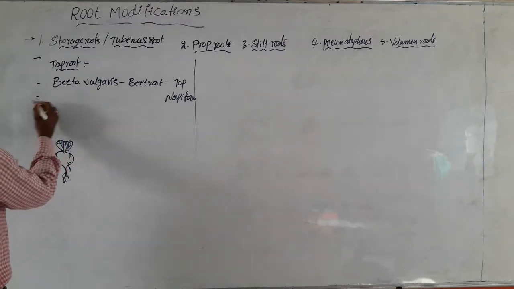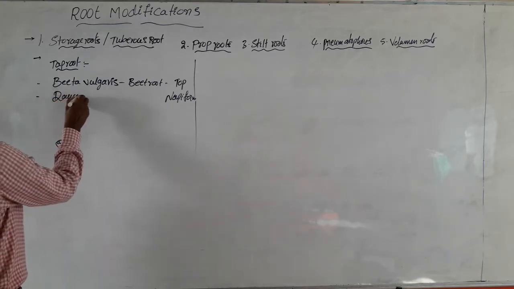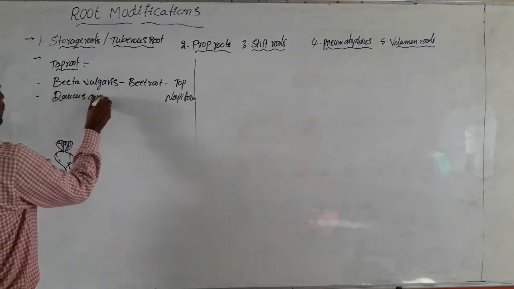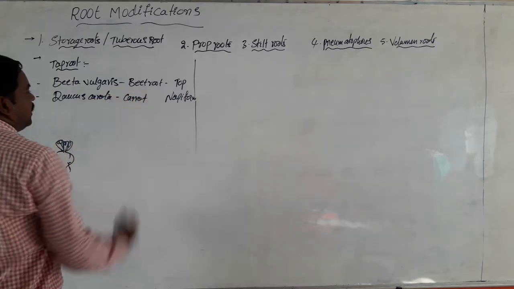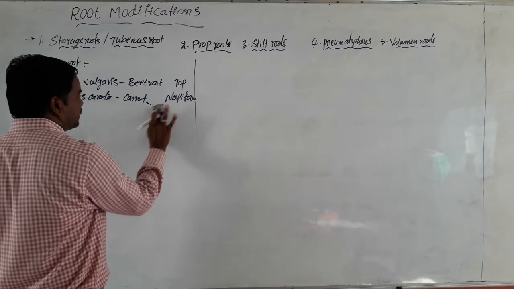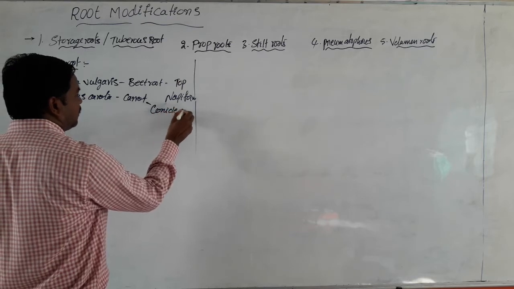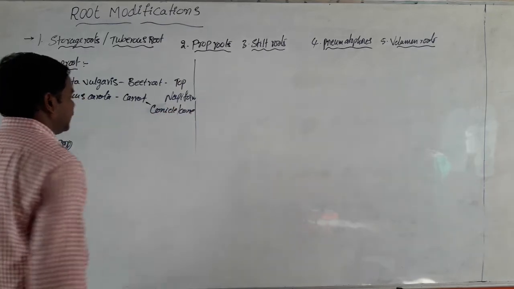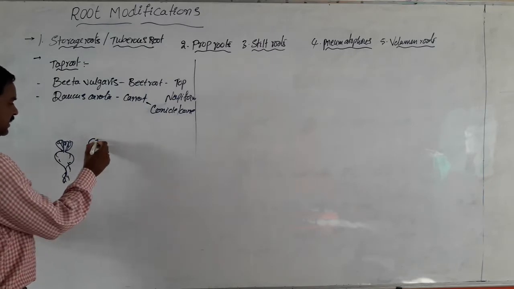But in case of other plants, Daucus carota, the scientific name of carrot, here it is spindle shaped or cone shaped, conical, like this.